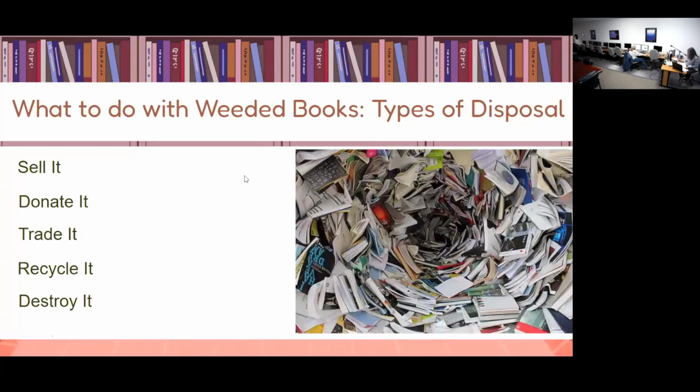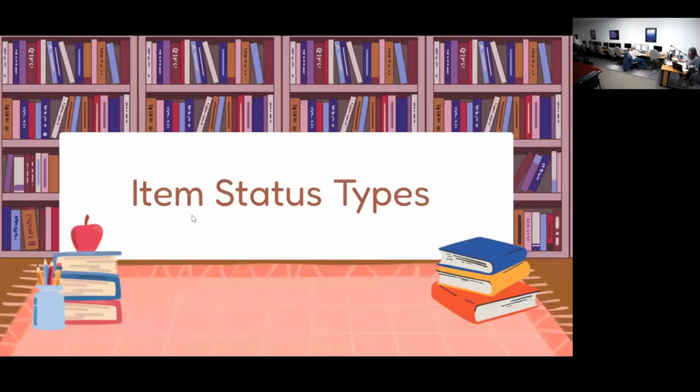And put little googly eyes on him, and he was a cute little book. So the last would be destroy it, which is probably the worst thing for you to hear, but sometimes it's necessary. I did put the link to the book folding in the speaker notes on one of the slides there. So reserve this for materials in the worst physical condition. That's when you have to destroy them. They're absolutely hopeless cases. It's a last resort if the books cannot be recycled or sold for pulp.